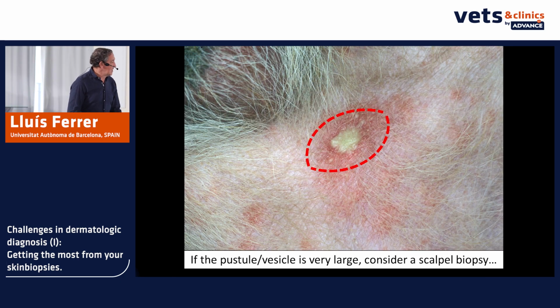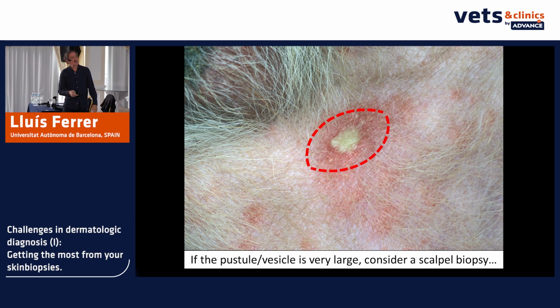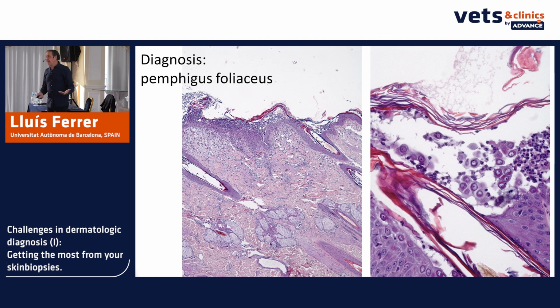You remember that one? This is the same dog, a beautiful pustule of pemphigus foliaceus. So satellite pustules, irregular in form, flat, not so rounded. And we are going to take a biopsy like this. And here you see the histopath. So you see that there is a large subcorneal pustule here.